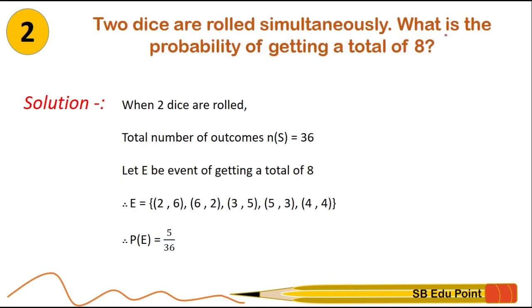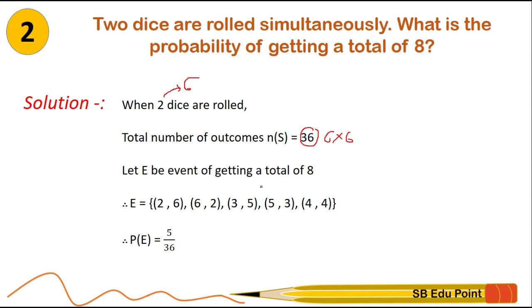We know we are dealing with six-sided dice. Two dice are rolled. Since each die is having six different possibilities, so the total number of outcomes or the sample space of these two dice will be given as 6 into 6. So 36 will be the total outcomes of rolling two dice.